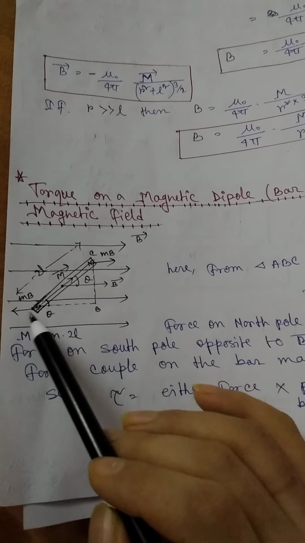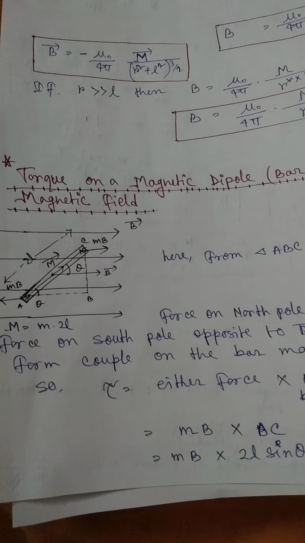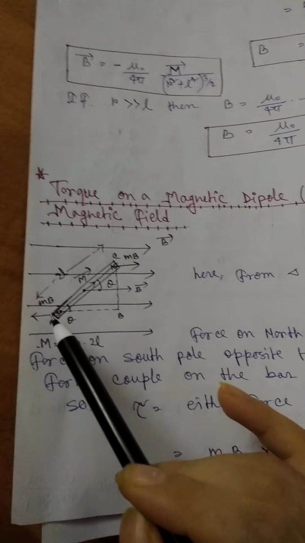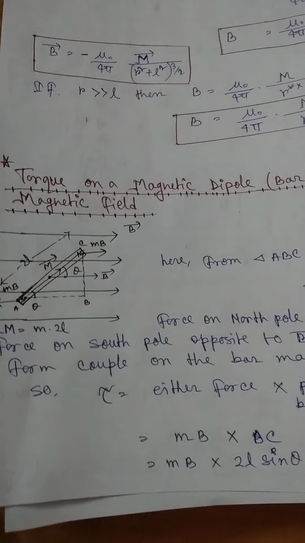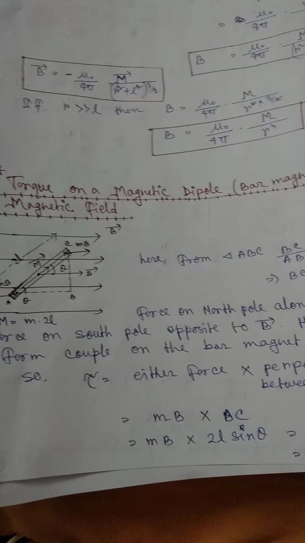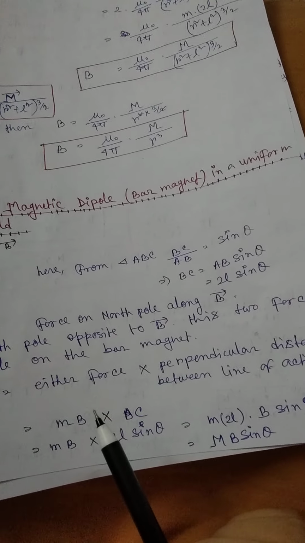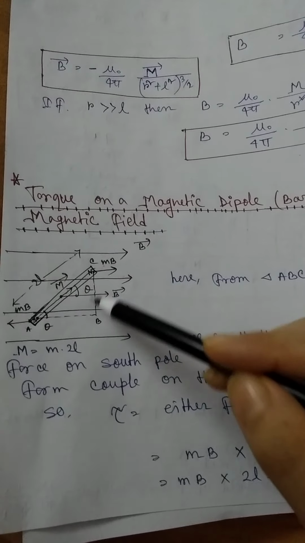Just look here, these two forces are equal but act in opposite directions, and the lines of action are parallel to each other. That means these two forces generate a couple in this bar magnet, right? What is the value of the couple? First we have to find the perpendicular distance between these two lines of action.